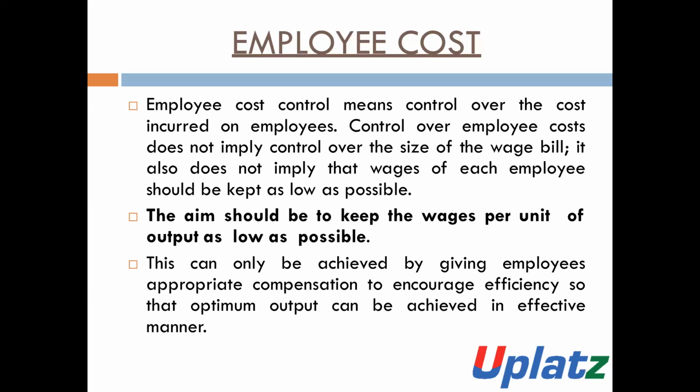In the case of employee cost control, the wage rate per unit should be as low as possible, because if it is low, then the price of the goods becomes low.